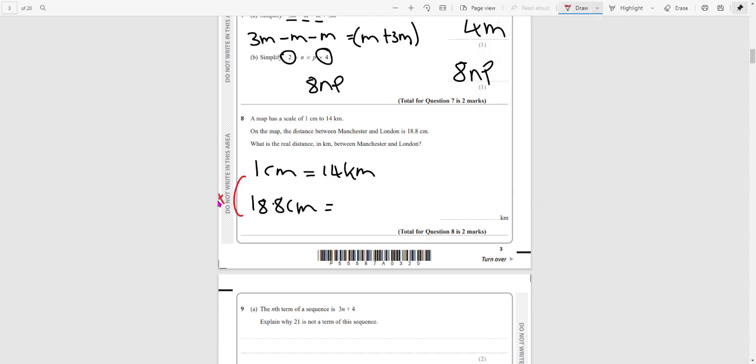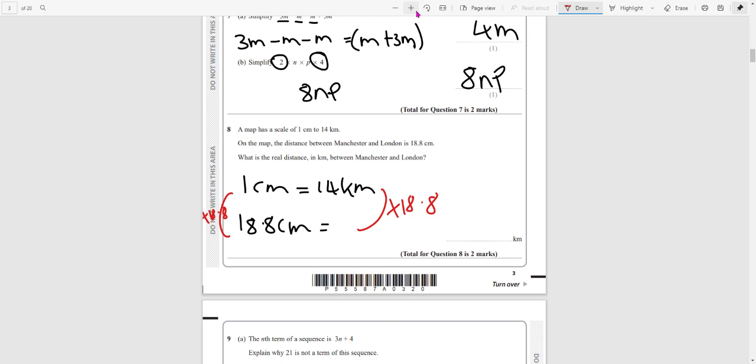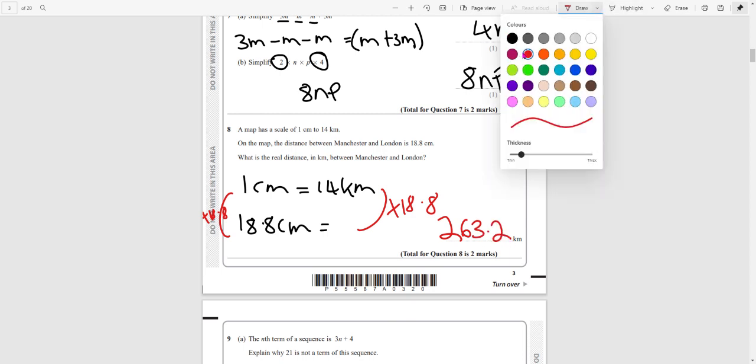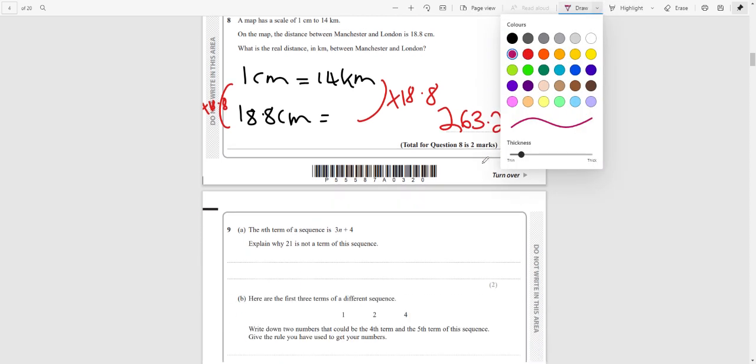We times by 18.8. So whatever you do to the left hand side, you do to the right hand side. You're going to do 14 times 18.8, and you should get 263.2.